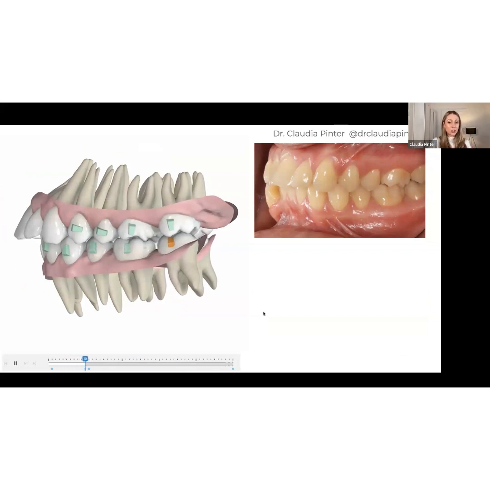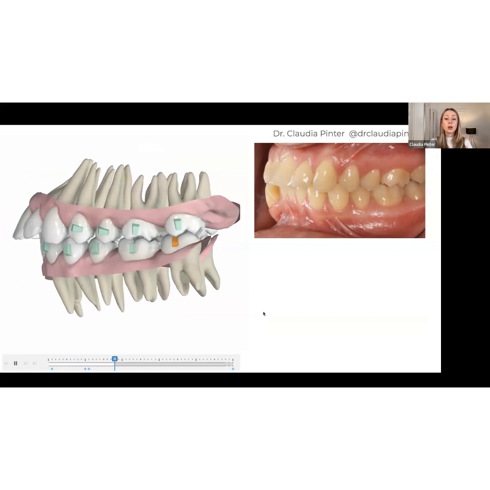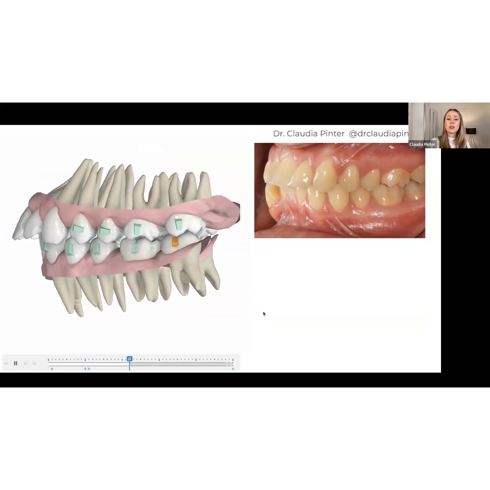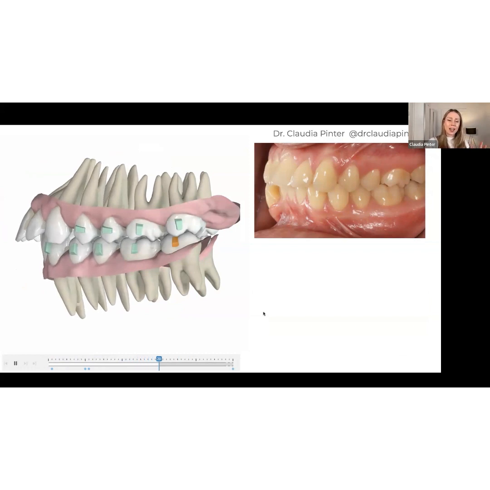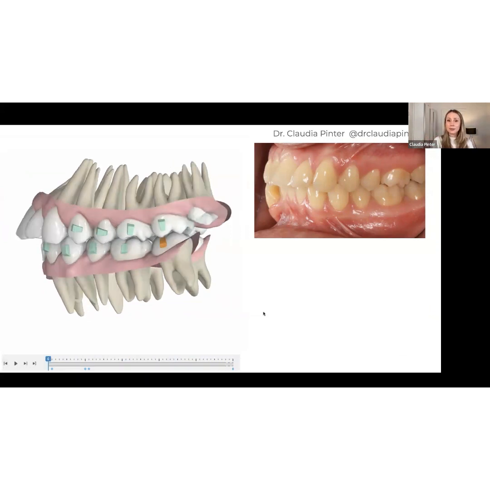We have the sequential distalization, a sequenced movement reinforced with orthodontic mini screws, and then gradually retracting upper incisors, changing the torque, and like this, doing a relative extrusion. And through this extrusion, I improve incisor display. So more of the incisor is visible.